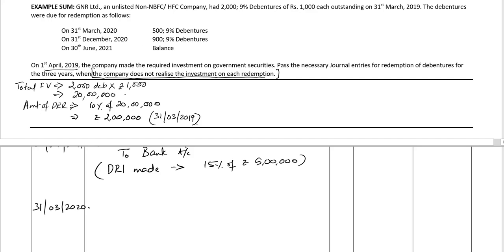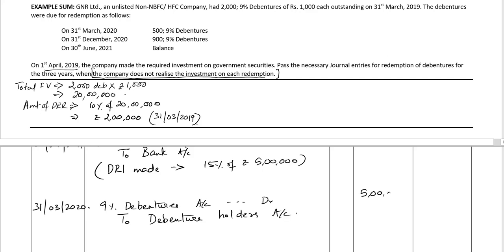So we'll ignore that entry and move on to pass the entry for making the redemption amount due to the debenture holders. 9% debentures account debit, to debenture holders account. Amount due to them 5 lakh rupees, for redemption amount due to the debenture holders.